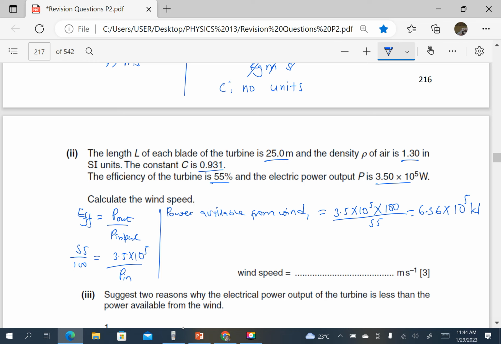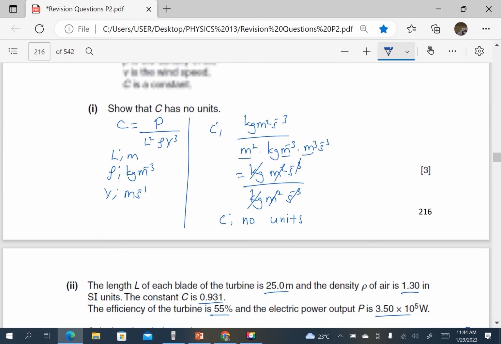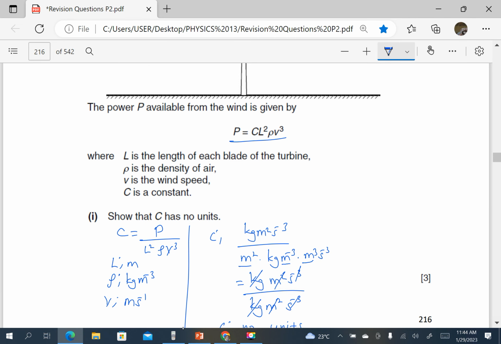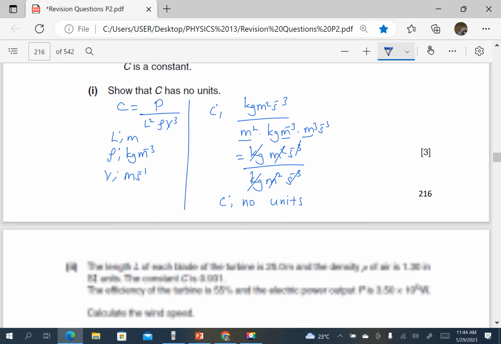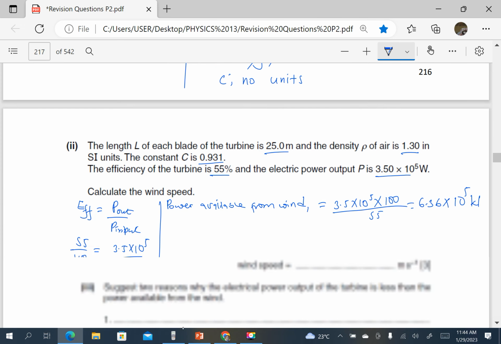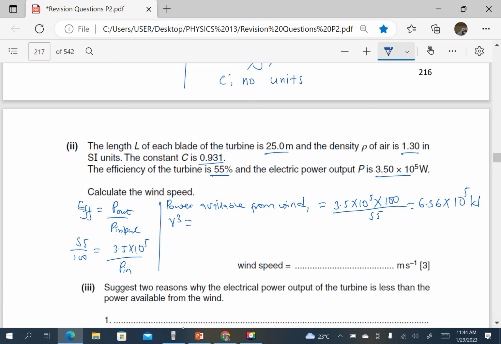So we can now find the wind speed using the expression given above. I'm going to substitute in that expression, or make V cubed the subject. So V cubed is going to be the power available, which is 6.36 times 10 power 5.